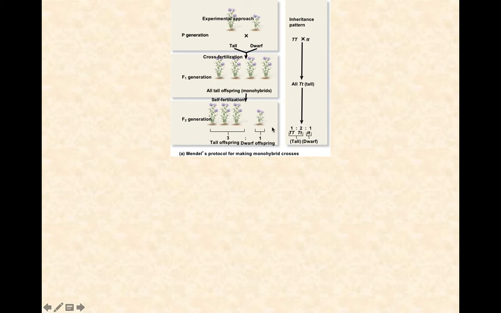What he ended up seeing was 3 out of every 4 offspring, 75% of them, having the tall phenotype. So either big T big T, or big T little t. So either homozygous dominant or heterozygous. In either case, you're going to have the dominant phenotype. And 1 out of 4 had the recessive phenotype because 1 out of 4 got both little t alleles from both parents. So hopefully that makes sense.